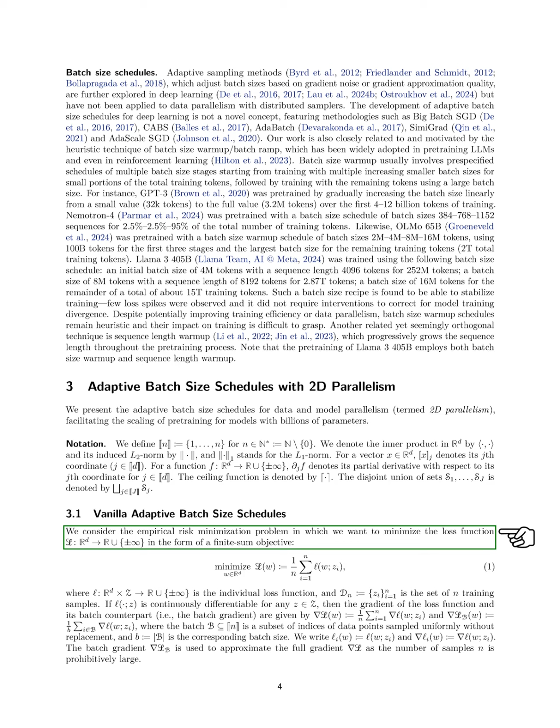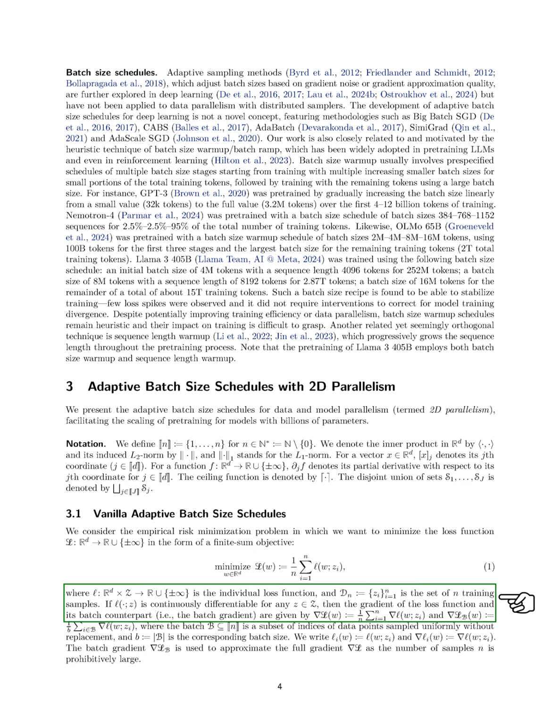Here, we have individual loss functions and a set of training samples. If the loss function is continuously differentiable, we can express the gradient of the loss and its batch counterpart. The batch gradient is derived from a subset of data points sampled uniformly, and we use this batch gradient to approximate the full gradient when the number of samples is very large.